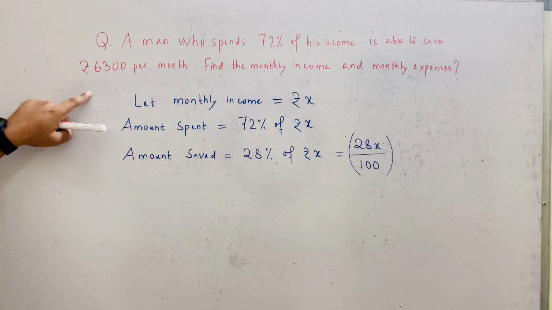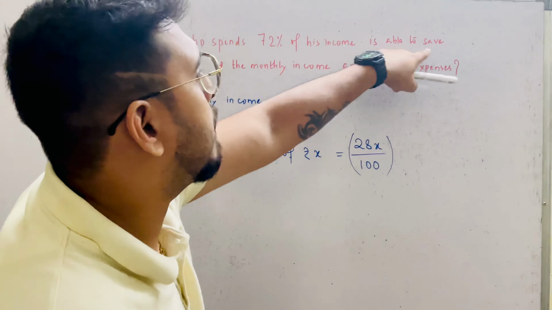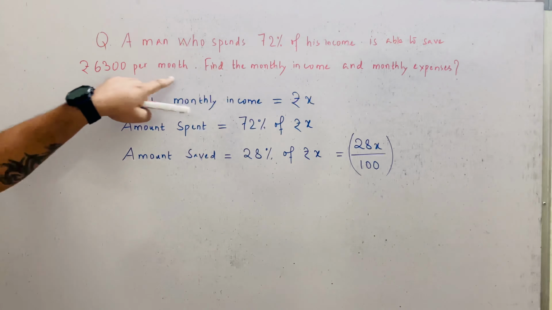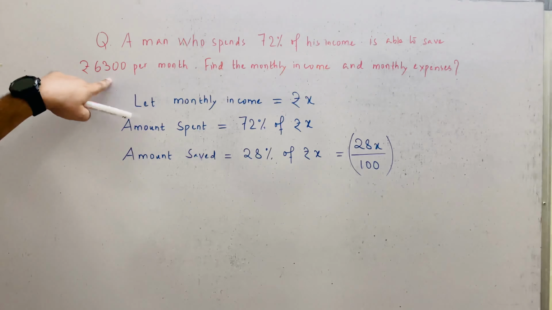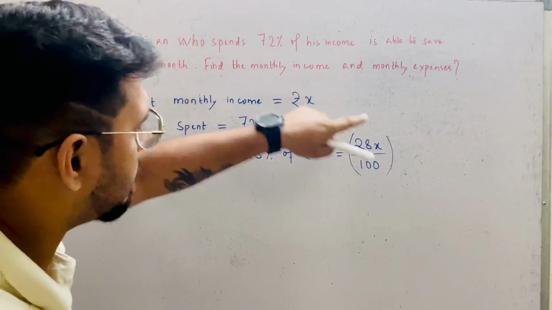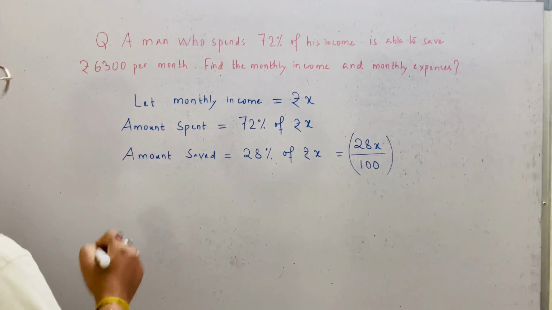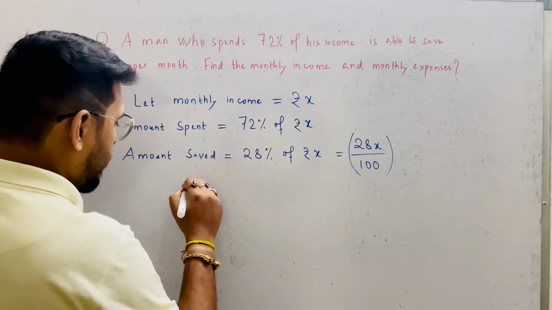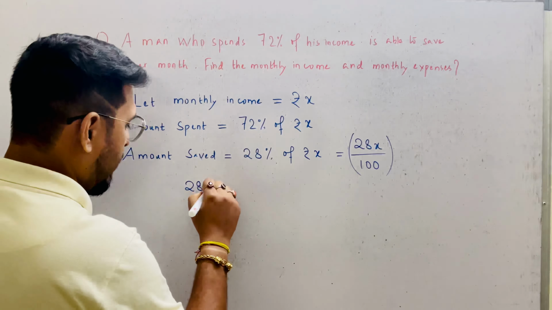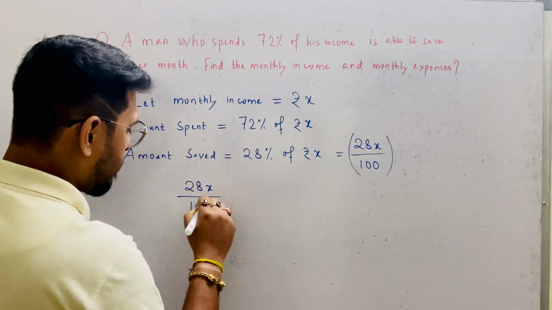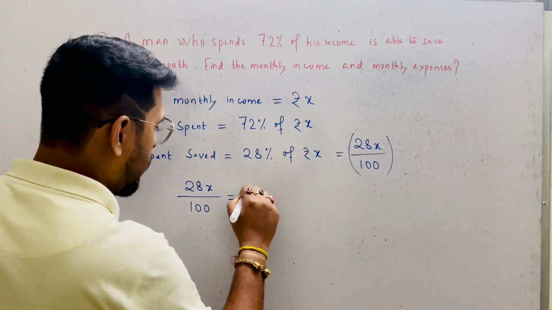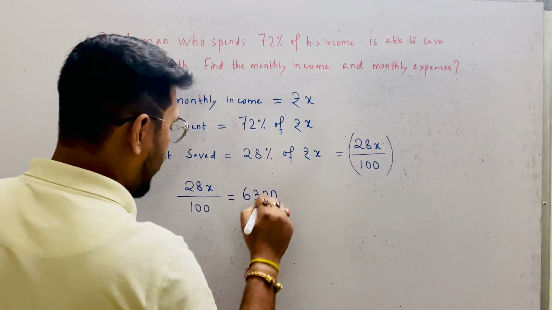And they have said that he is able to save 6,300 per month. That means this amount is saved in 1 month, which is exactly the same amount as this one. So I can say they are both equal to each other. So 28x over 100 is equal to 6,300.